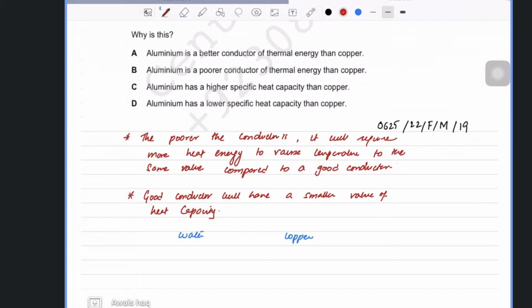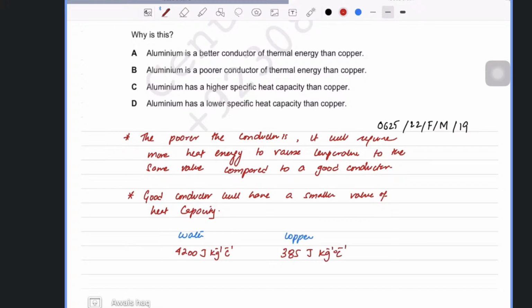Water has a heat capacity of 4200 joules per kg per degree Celsius, and copper has a heat capacity of 385 joules per kg per degree Celsius.